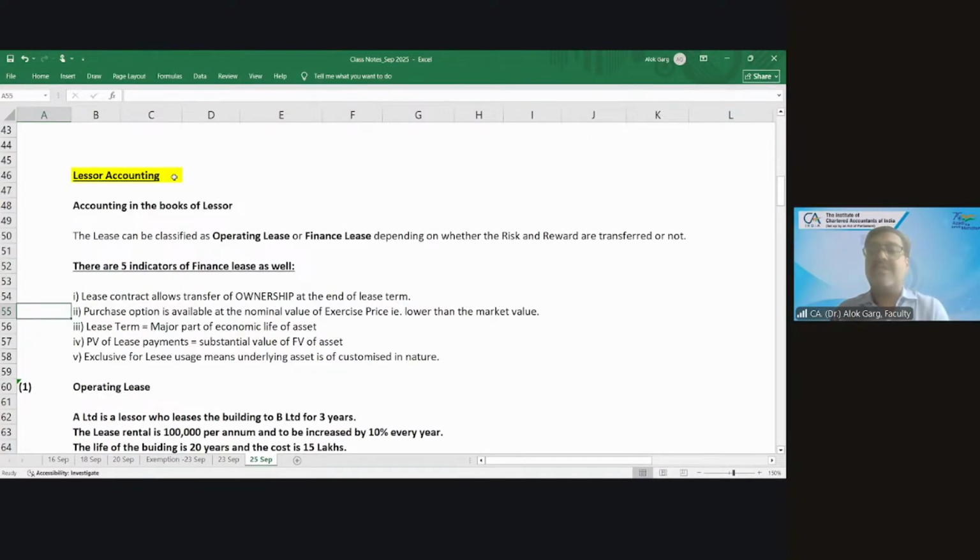If a purchase option is available at a nominal exercise price, that is also an indicator. If the lease term is equal to a major part of the economic life, it is again an indication. If the present value of lease payments is equal to substantially all of the value of the leased asset, again it's an indicator. And if it is customized equipment for the lessee's purpose, then again it's an indicator of finance lease.